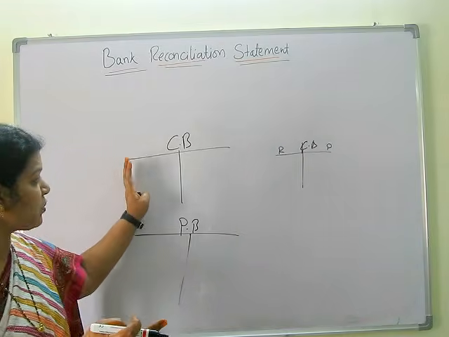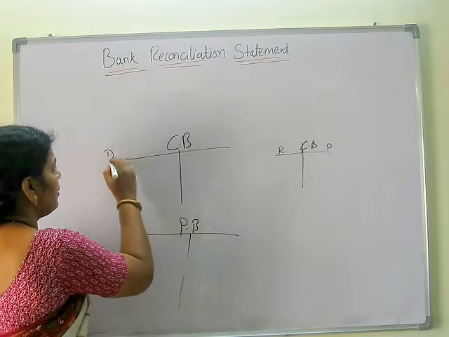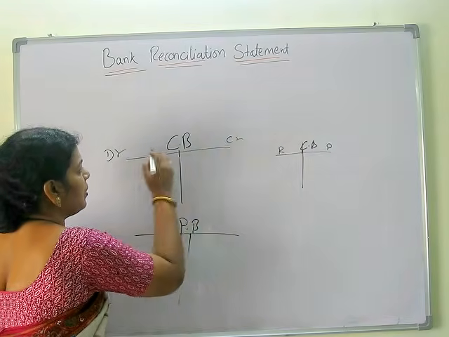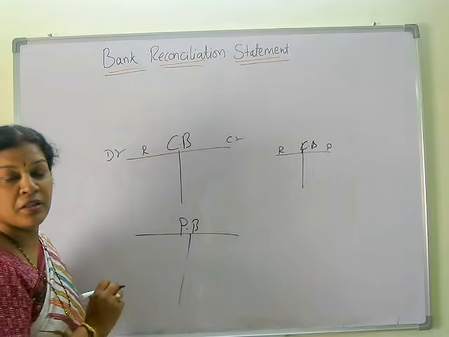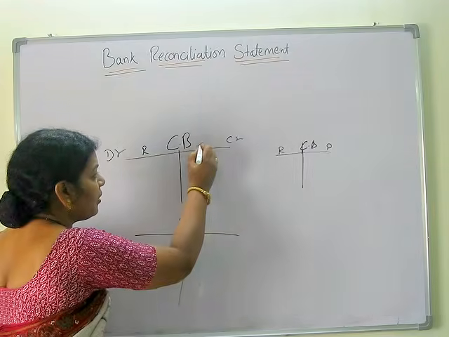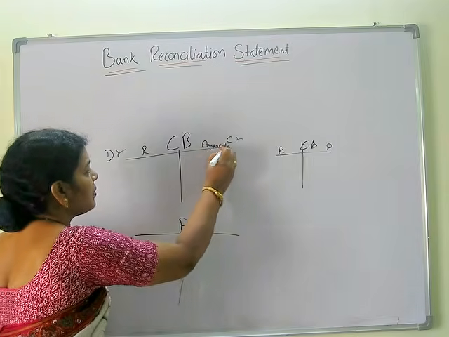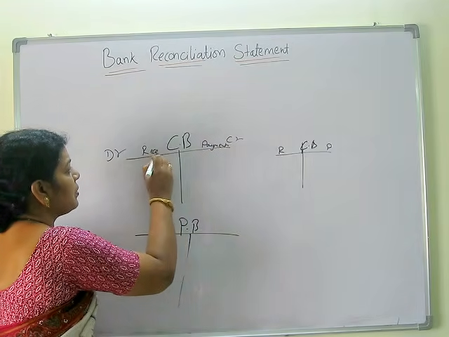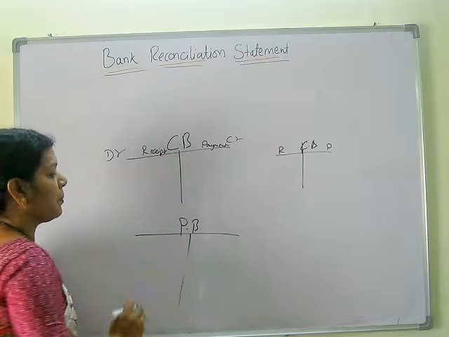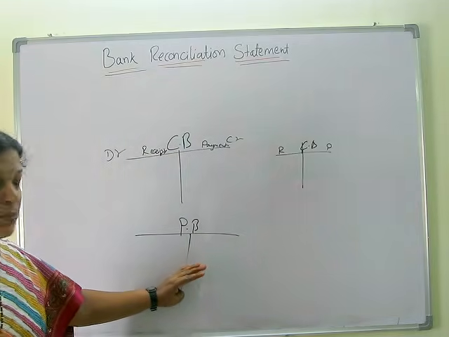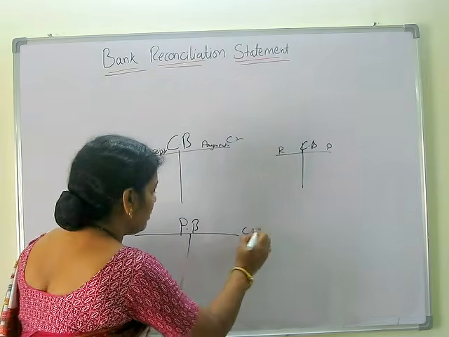Cash book, what do we write on the debit side? All the receipts. And on the cash book credit side, always payments. Passbook: in passbook also we'll have debit and credit.